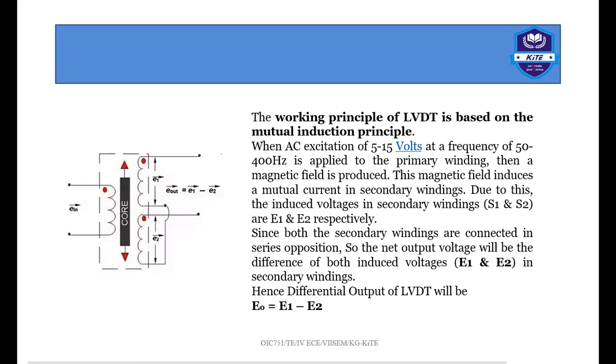When an AC excitation of 5 to 15 volts at a frequency of 50 to 400 hertz is applied to the primary winding, you are all aware of where the primary and secondary are. A very important point is that the secondary windings S1 and S2 are both connected in series combination. This magnetic field induces a mutual current in the secondary winding.